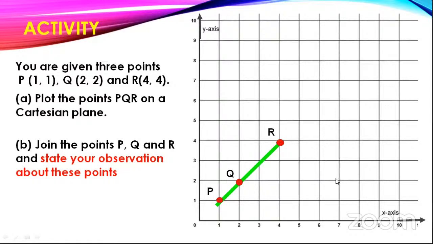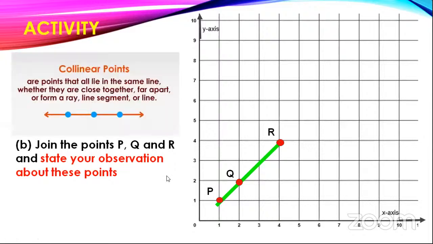So what if I had removed the point R? Would P and Q form a straight line? Would these 2 points give me a straight line?